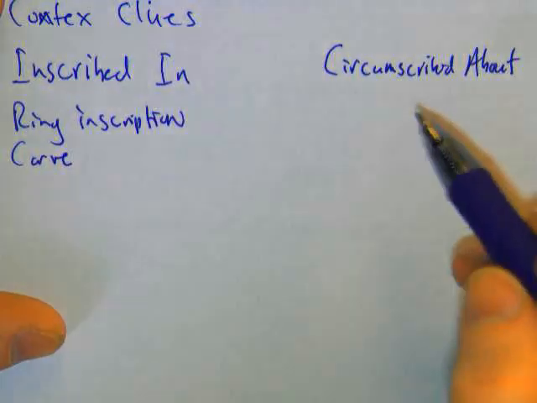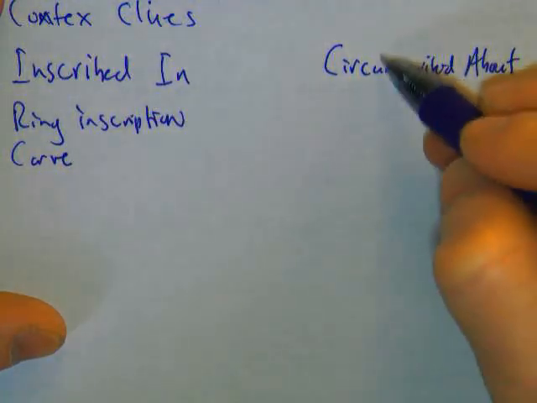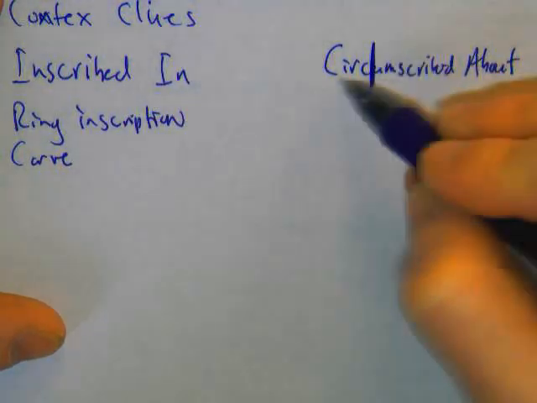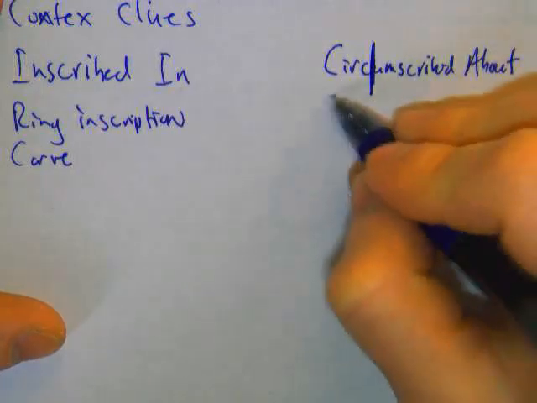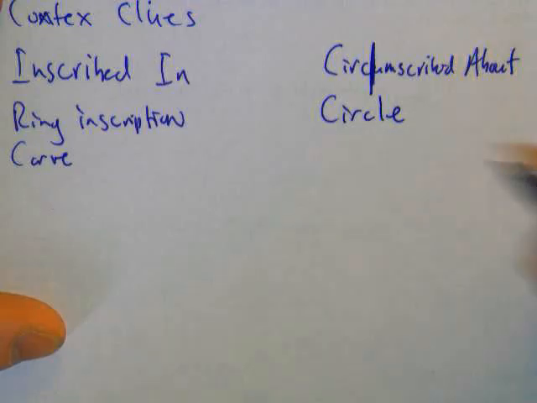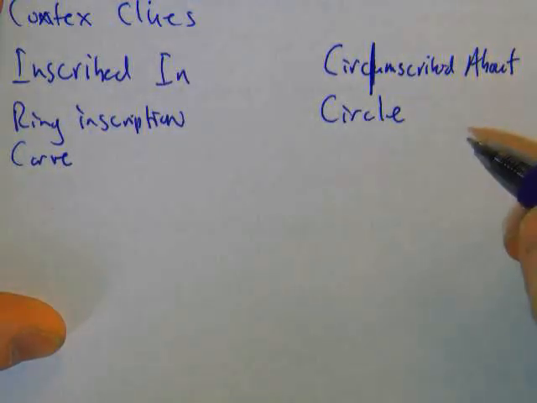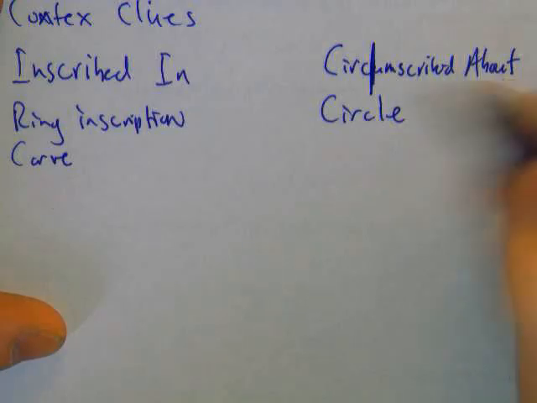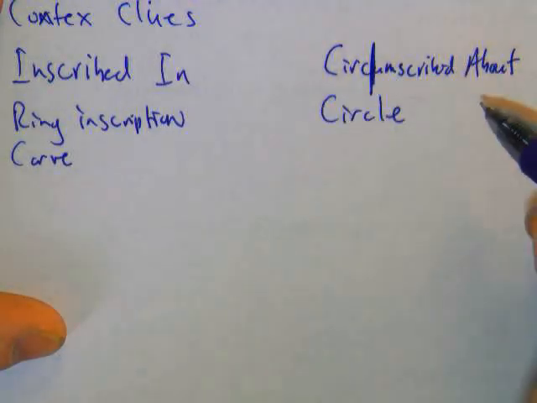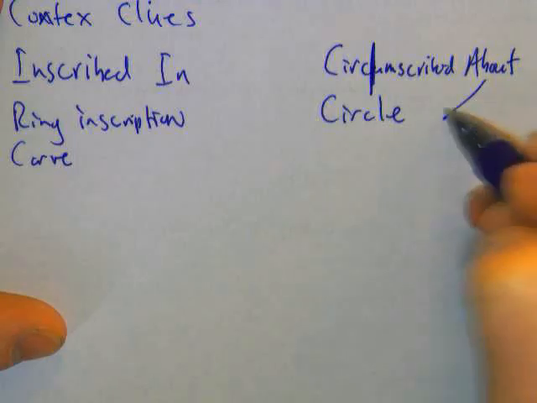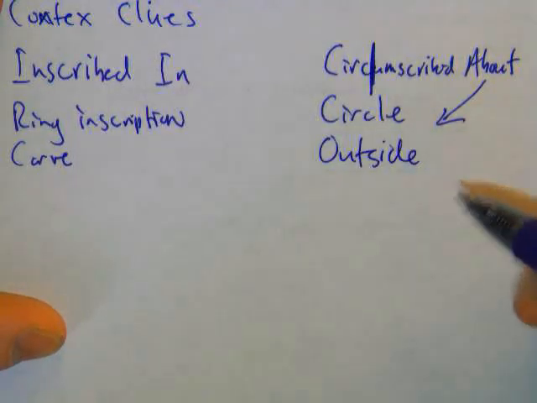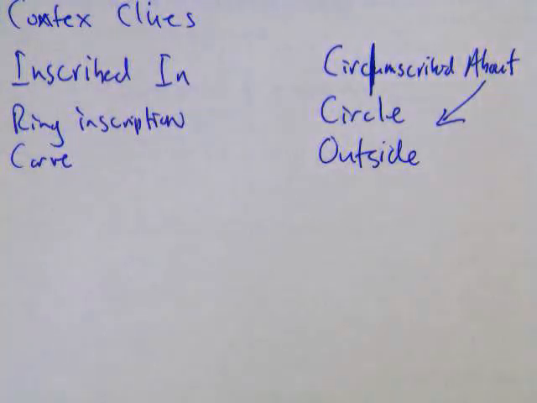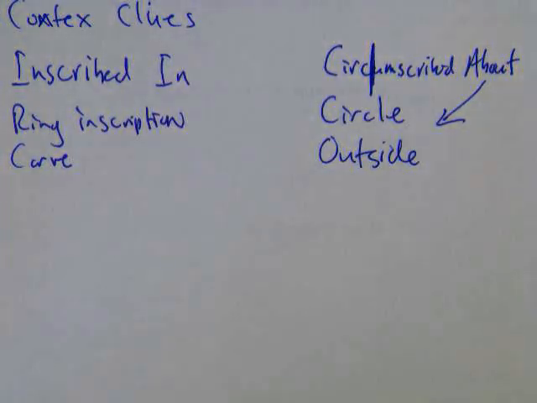Now, circumscribed has some overlap there with circle, so I'm thinking this is something about a circle. Circumscribed about. Okay, and about to me, in obviously means inside. About, I think, is outside.